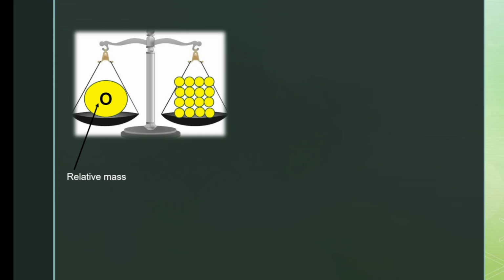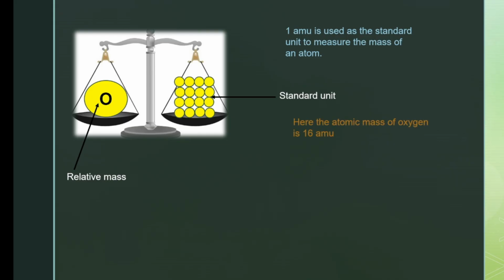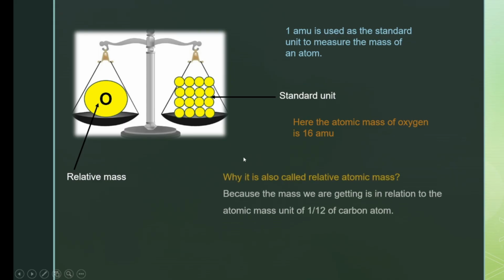It is the relative mass, isn't it? Now this is the standard unit, which is equal to 1 atomic mass unit into 16. The atomic mass of oxygen is 16 AMU because it is formed of 16 smaller units, or 16 AMU of carbon atoms.